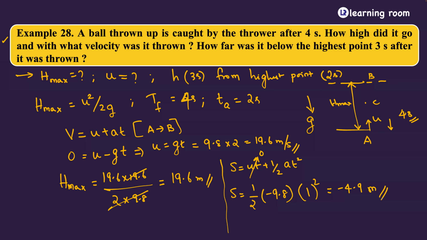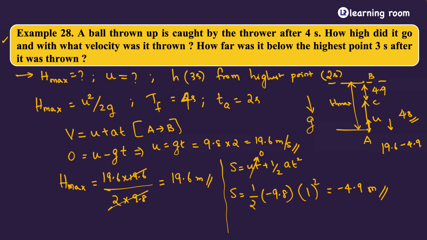So what you should do is, if you take this to be 4.9, what is the maximum height that you got? 19.6. Out of 19.6, we should remove 4.9.